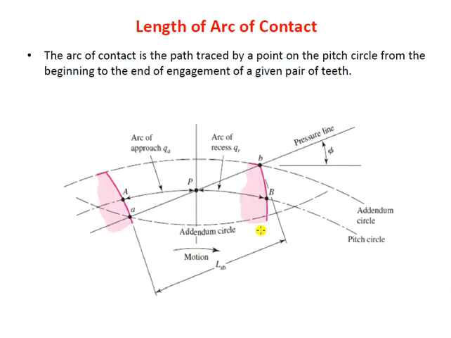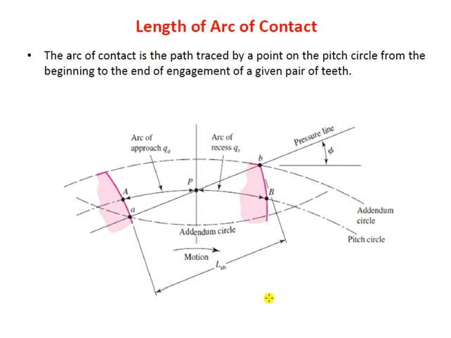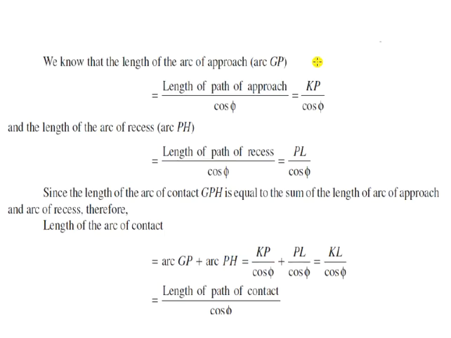We know that yesterday you derived path of contact KL. Then from path of contact we can get length of arc of contact by dividing by cos phi, where phi is the pressure angle. So we saw this here.